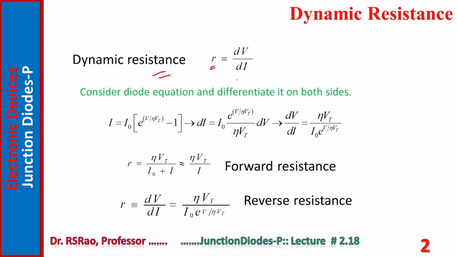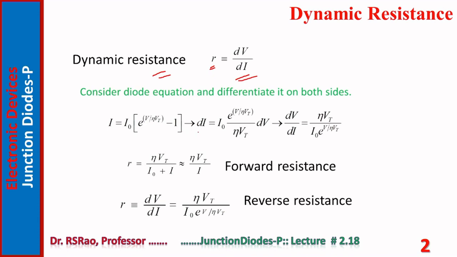Now, this definition can be applied to the Shockley diode equation to find the dynamic resistance of the diode. The diode equation or Shockley diode equation is I equal to I naught into e power V by eta Vt minus 1.